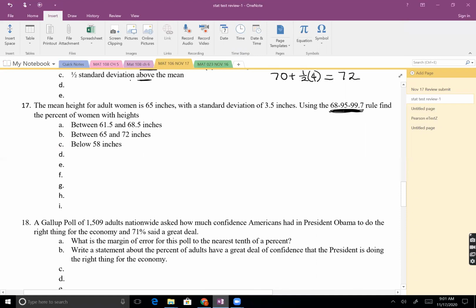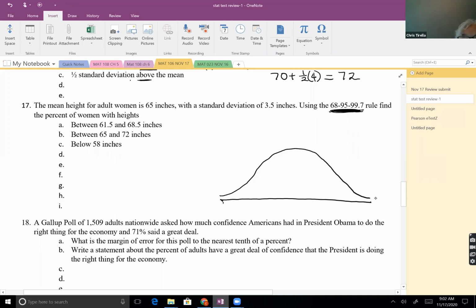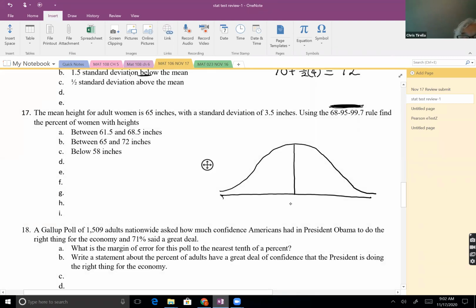When I see that, I know to draw my bell curve, my normal distribution. When I do that, I'm always going to label my middle with my mean, which is 65.